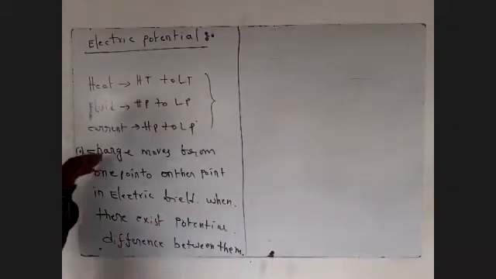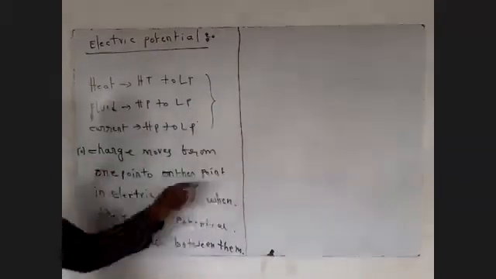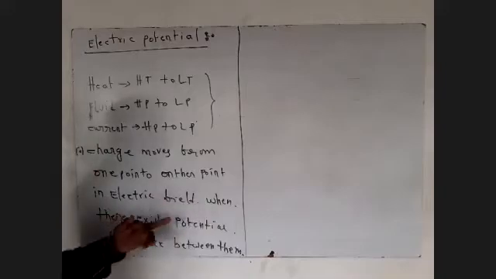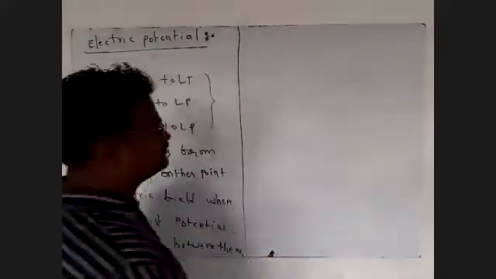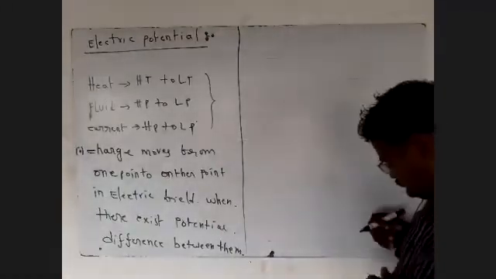This is electric potential. You see clearly: charge is moving from one point to another point in the electric field when there exists a potential difference between them.